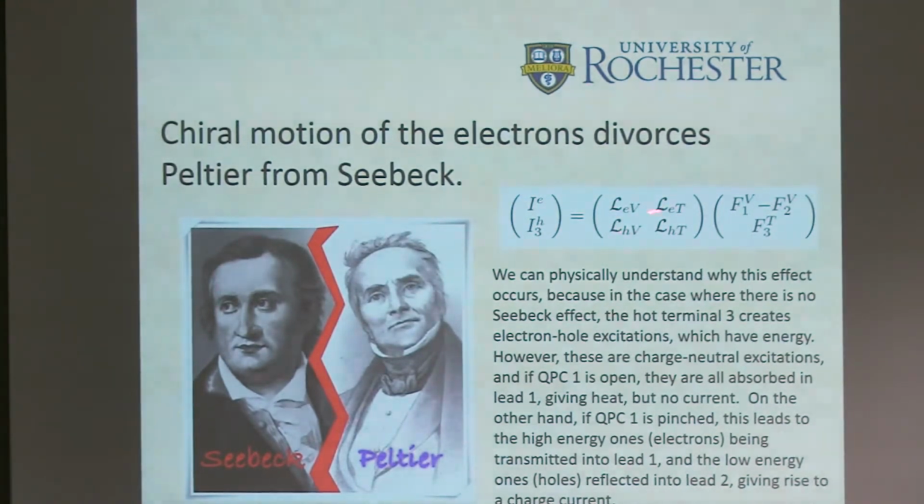This is the Peltier effect, I apply voltage and I get heat, right? So normally these are two sides of the same coin. If I get Peltier, I get Seebeck, right? But by introducing this chirality, I'm able to divorce these two from each other. I'm able to let this one be something big and this one go to 0, or vice versa. So this is something that I don't know of any way of doing within classical thermoelectricity.